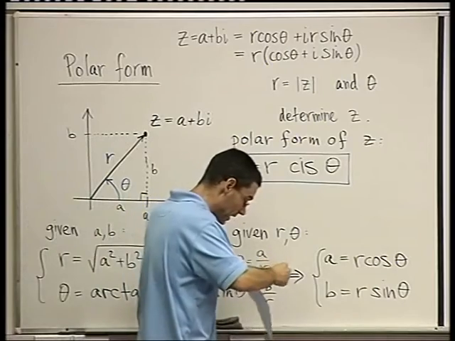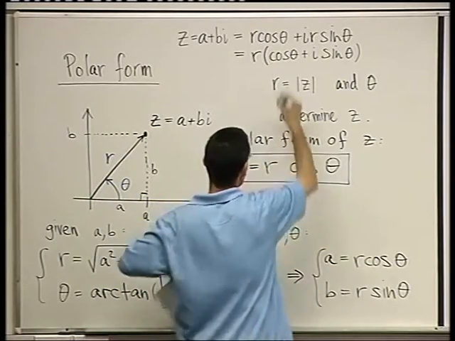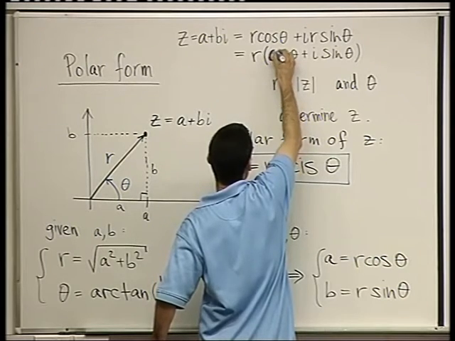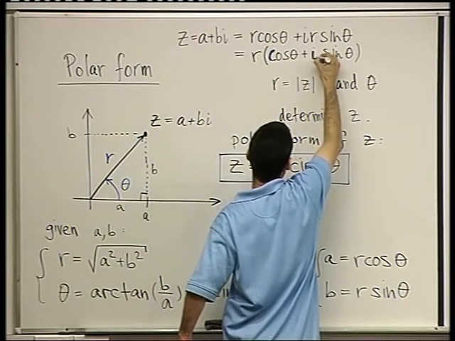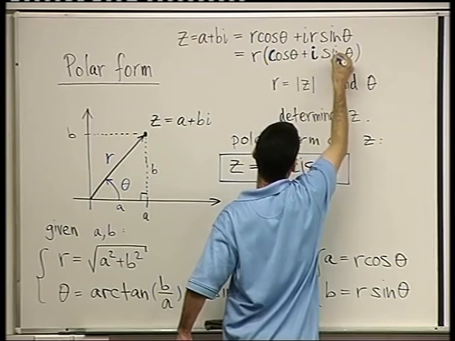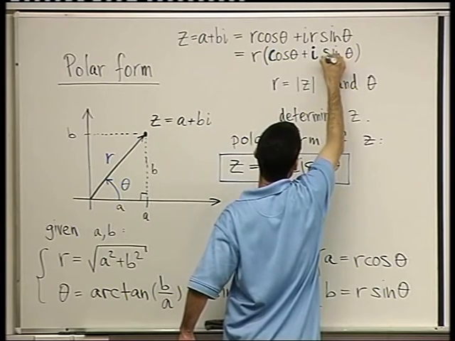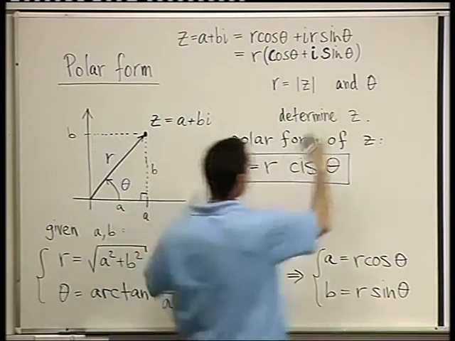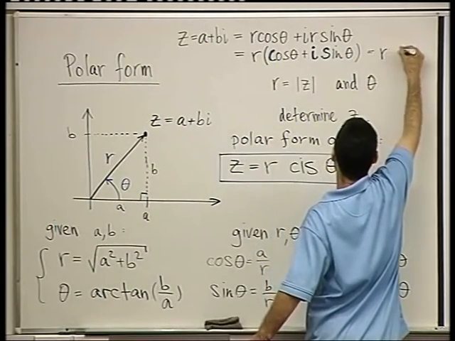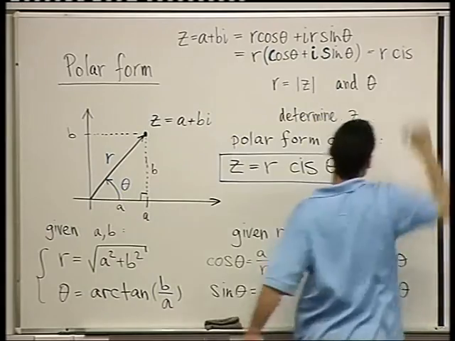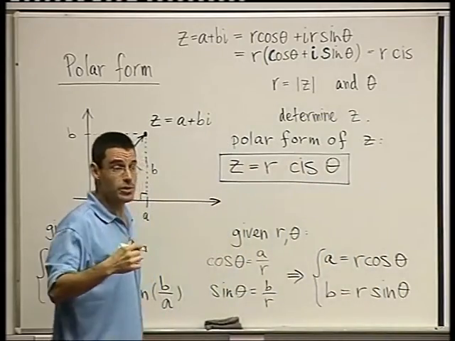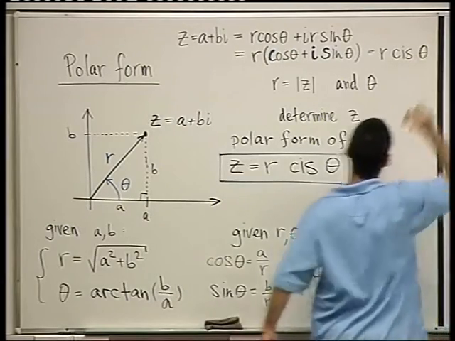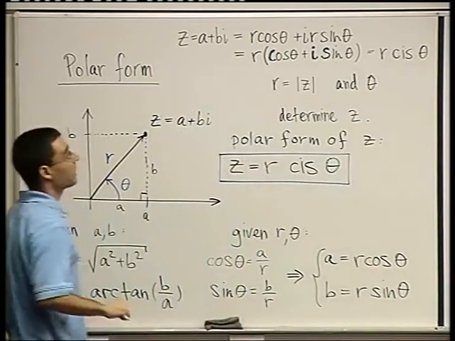It's abbreviated by taking the C from cosine, the I from the imaginary i, and the S from sine, and it's abbreviated as R cis, often pronounced "cis," R cis of theta.